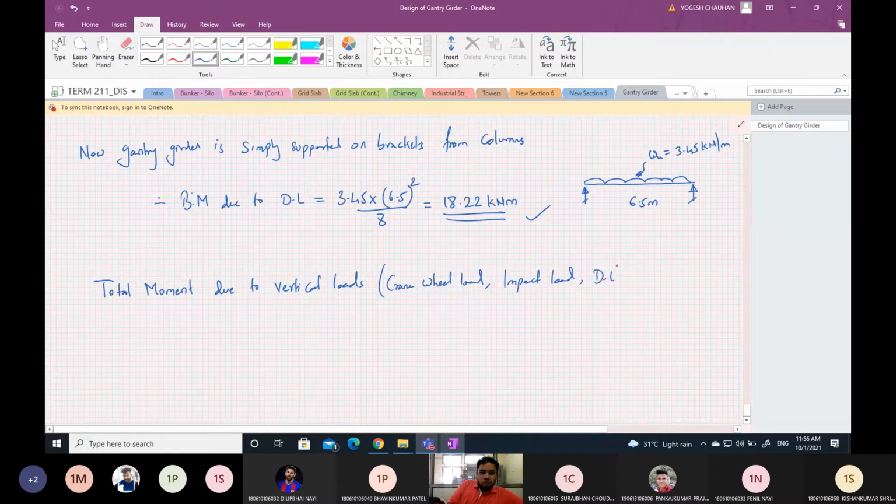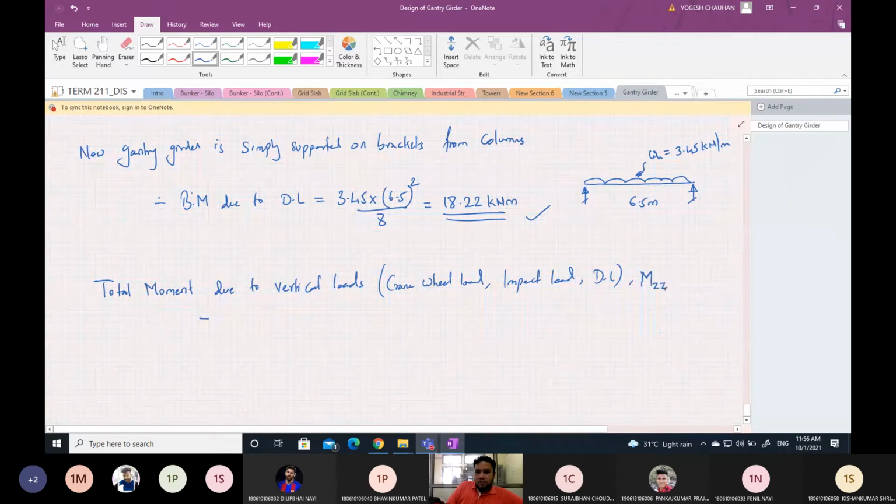We call this moment MZZ, because this is due to the vertical load and will be about the major axis of the gantry girder.